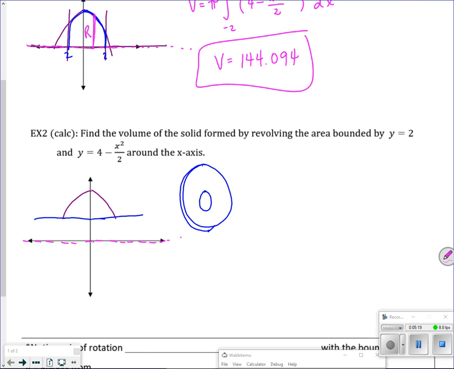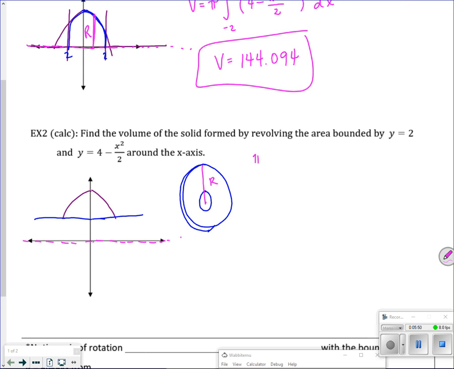So let's think about this. You have to figure out, I mean, if I said, what's the volume of that donut? Well, hopefully you'd think, well, I'm going to take the volume of the big part as if it were solid, and then I would take out the volume of the hole. And that's exactly what you're going to do. And so this was big R like it was before.